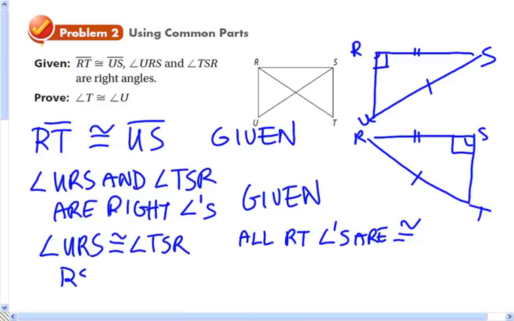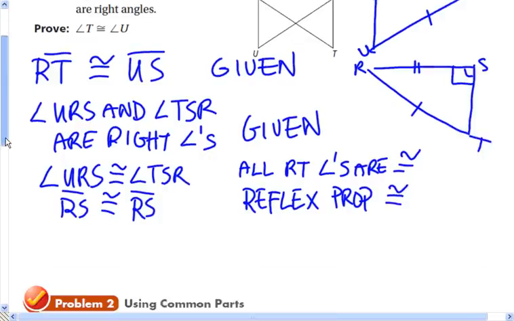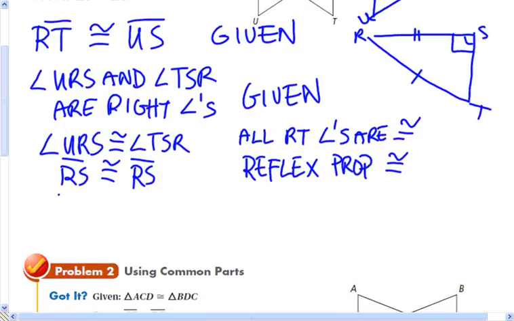And by the reflexive property, we have segment RS is congruent to segment RS. And so by the hypotenuse leg theorem, we get triangle TSR is congruent to triangle URS.